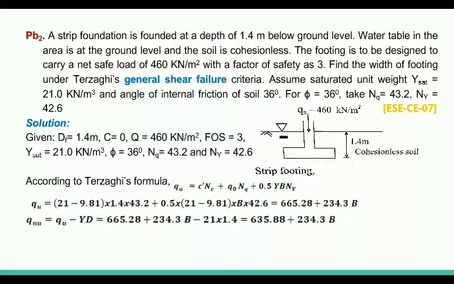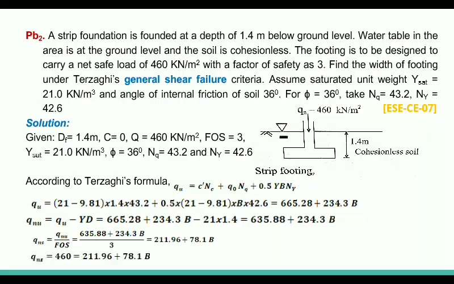So finally we get the net ultimate bearing capacity of a soil as 635.88 plus 234.3 B. Now we can calculate the net safe bearing capacity of a soil by using the factor of safety, which is given 3. So finally we get 211.96 plus 78.1 B, right?